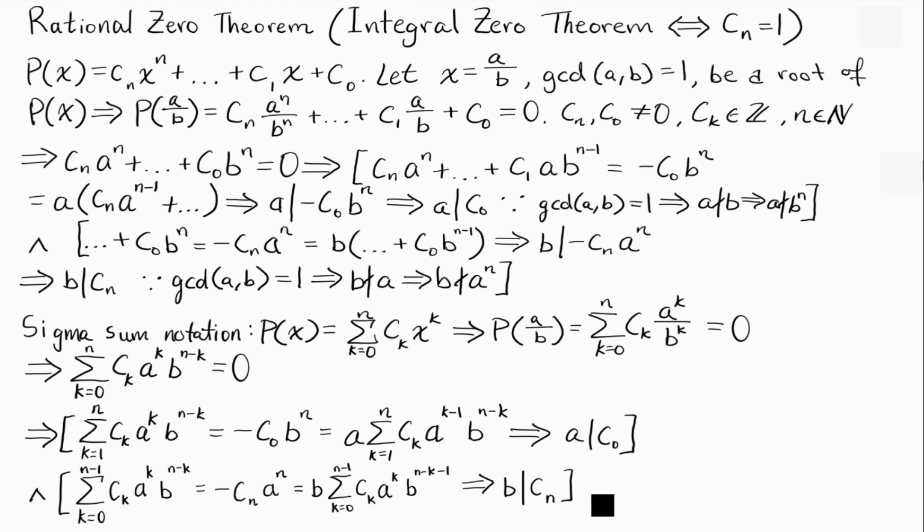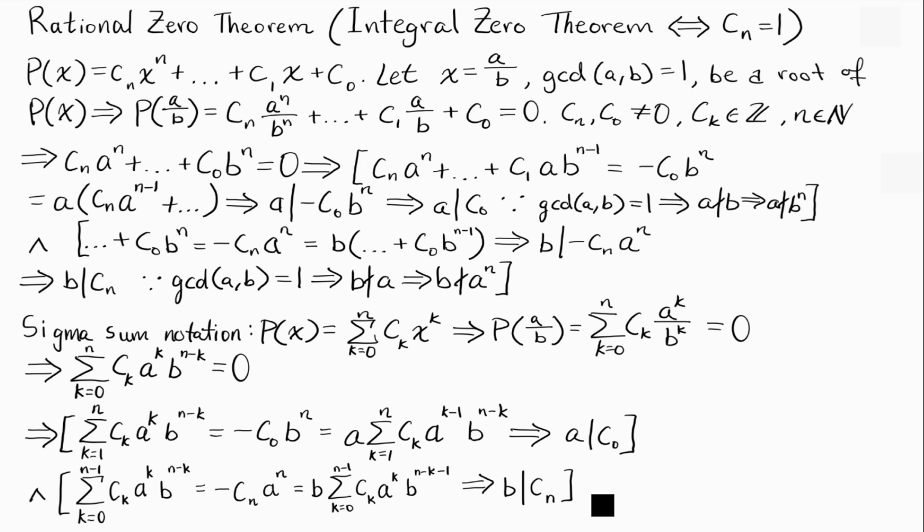Now, I guess the integral zero theorem, or the rational zero theorem, but I'll just use the integral zero theorem for now, okay? So then we are only focusing on the constant term. The integral zero theorem, when you're looking at the constant term and its factors, okay, the positive and negative integer factors, it tells you what are the conditions in order for your x to be a root, okay?